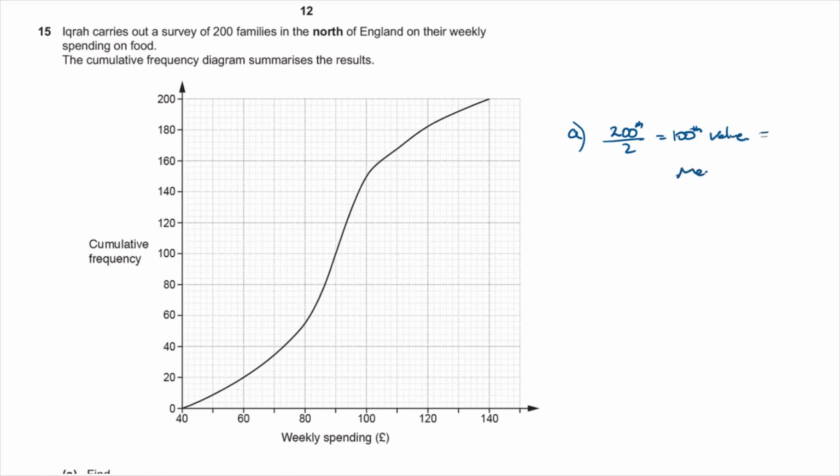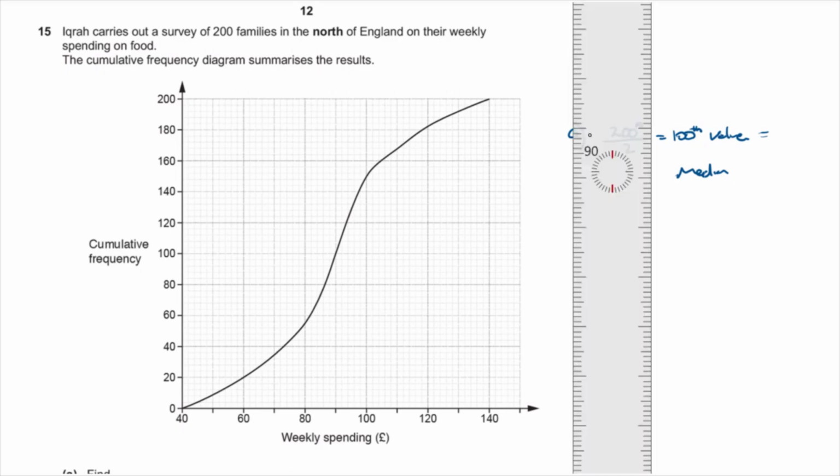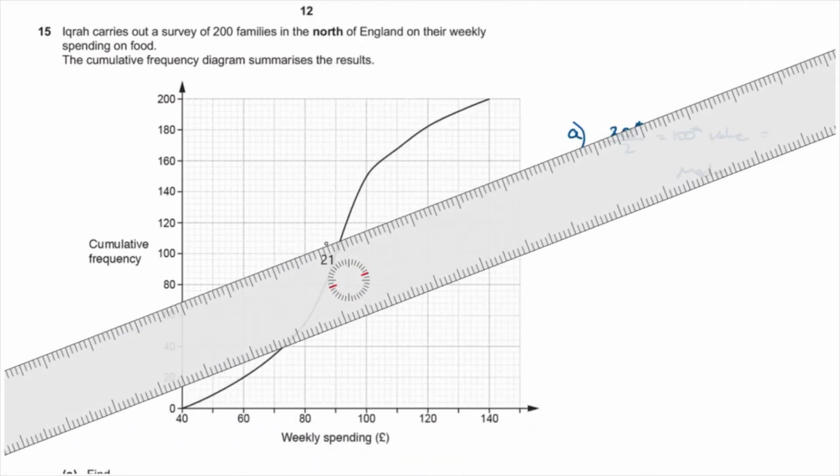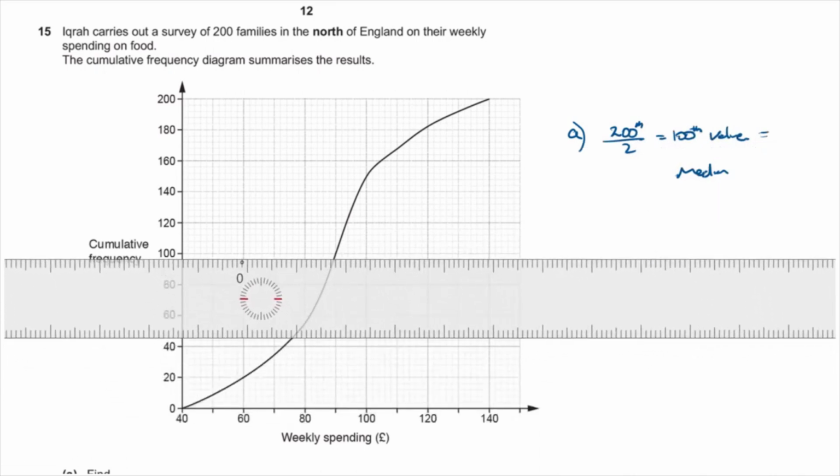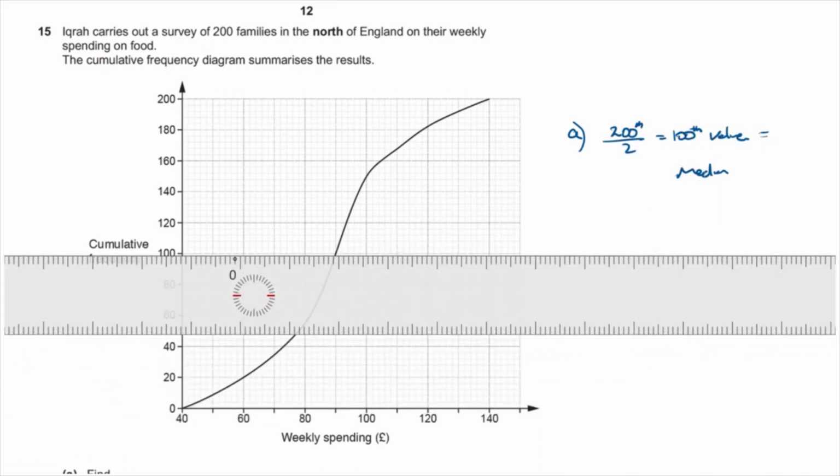The median is going to be what I get from the 100th value, or from the 100th person. So from my graph, I'm going to find 100. I'm going to read across and read down, and that will be my median.